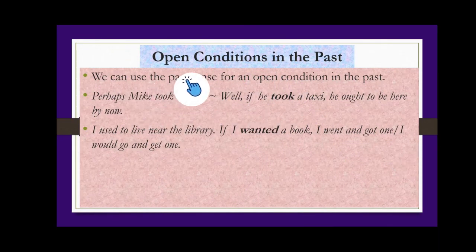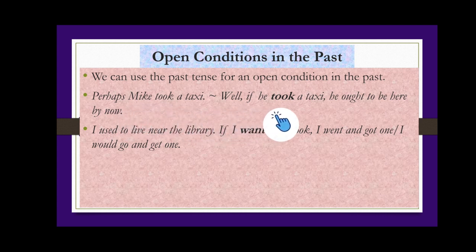Now, open conditions in the past. It is possible that a condition can be open also in the past. How? We can use the past tense for an open condition in the past, because open condition is usually possible only in the present, not in the past. But here we can use also open condition in the past. For example, perhaps Mike took a taxi.